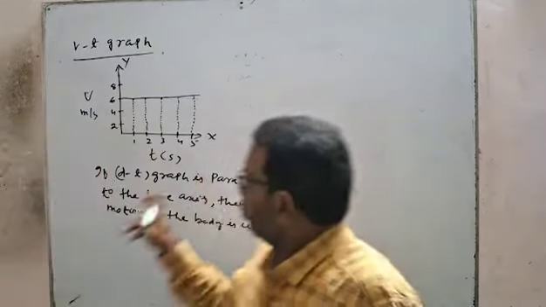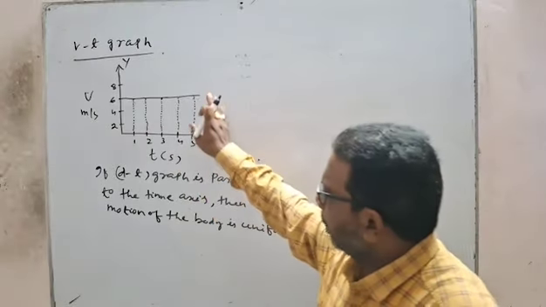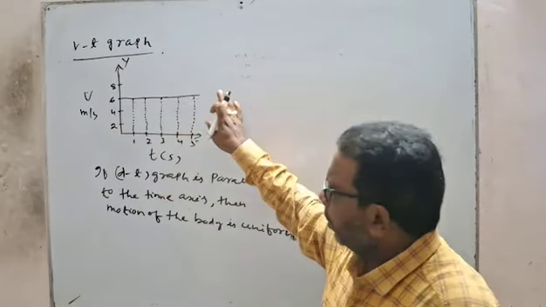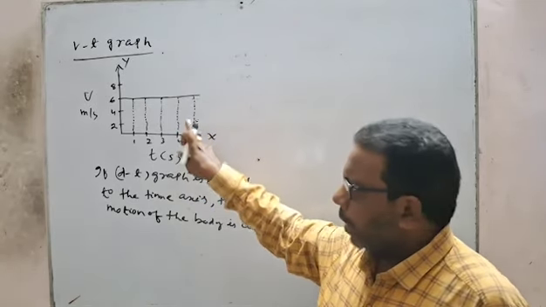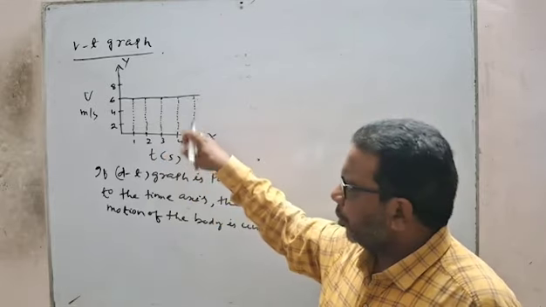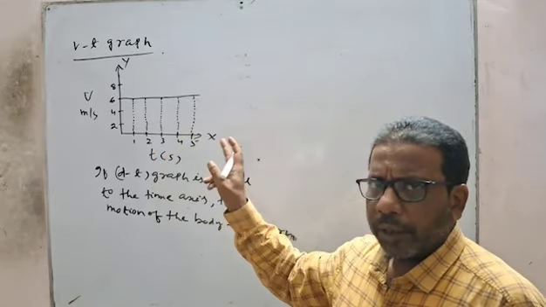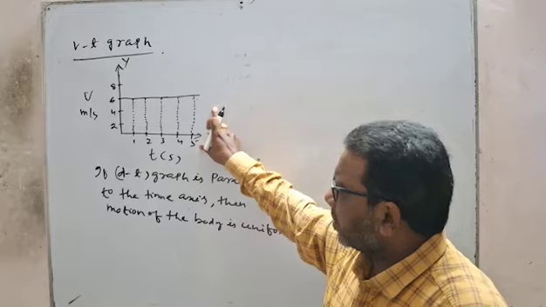As there is no change in velocity, the change in velocity is 0, and the rate of change in velocity, 0 by time, is equal to 0. That means here the acceleration of the body is 0.